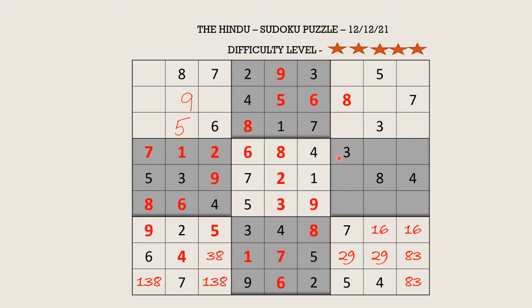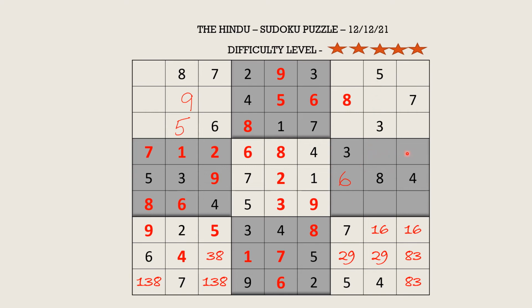Moving ahead, coming to this block. We have 6 blocking here and 6 blocking here. This cell takes 6. We have a 5 blocking here and a 5 blocking from there.